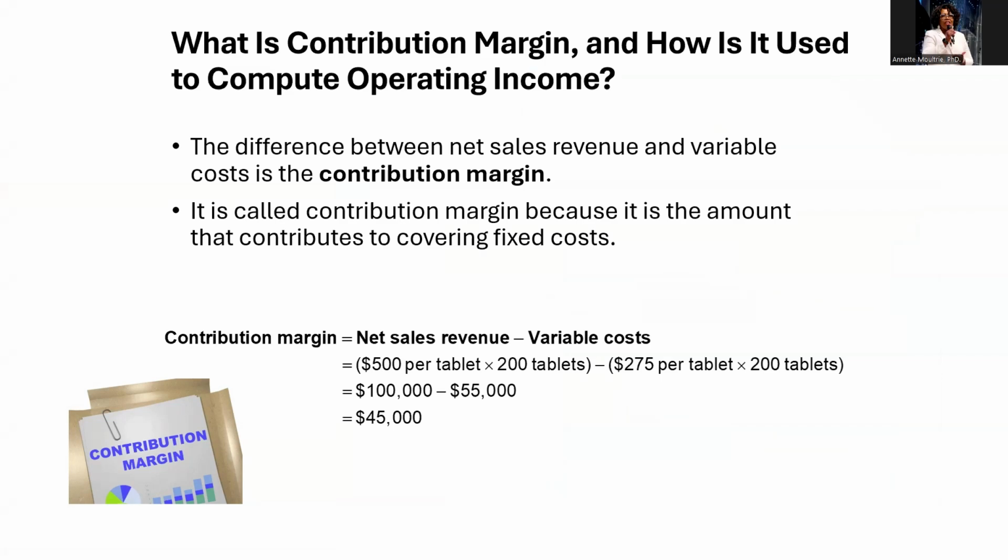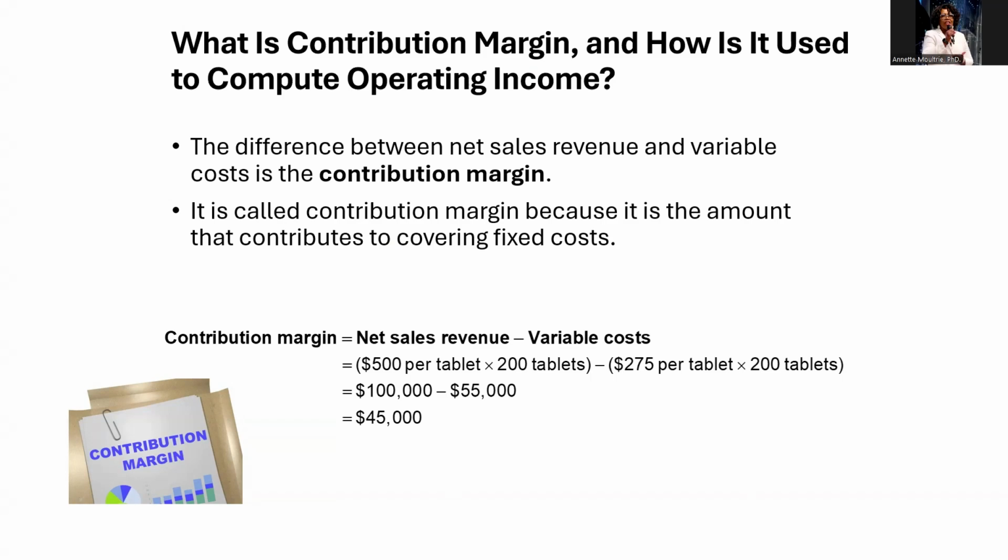Well, contribution margin is the amount remaining from sales revenue after you deduct the variable costs. So it represents how much revenue is available to cover the fixed costs and generate profit. So the contribution margin is equal to net sales revenue minus variable costs.